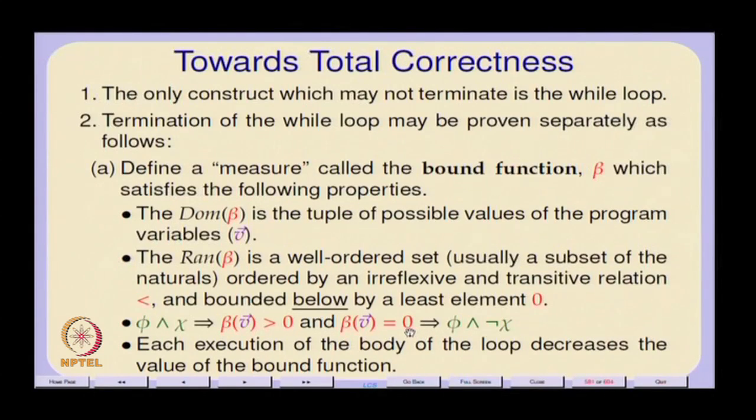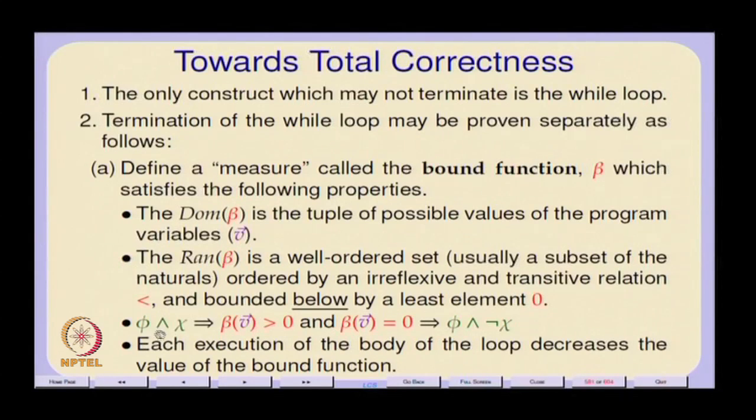So you can terminate the loop before you reach the bottom of the ordering. If you have not reached the bottom of the ordering, then it does not mean that you have any more iterations to do.